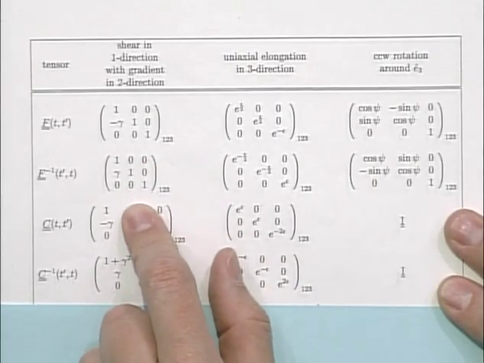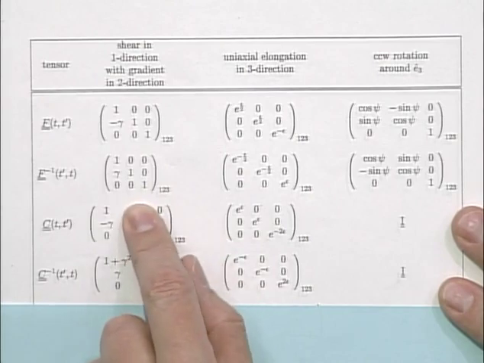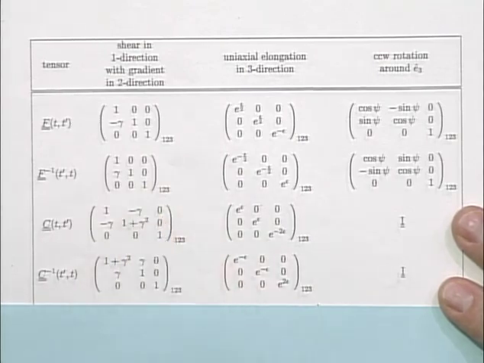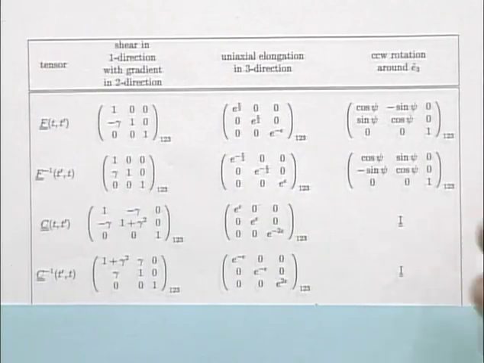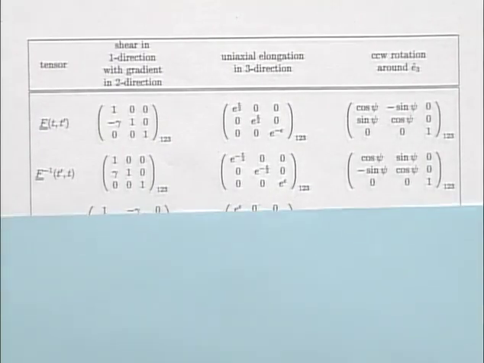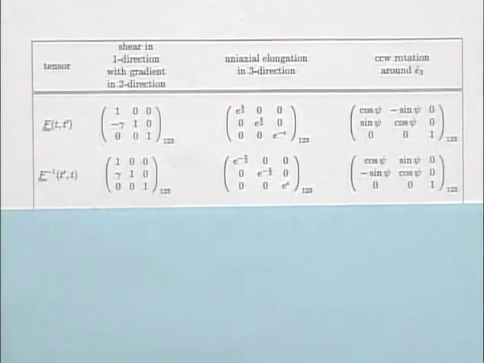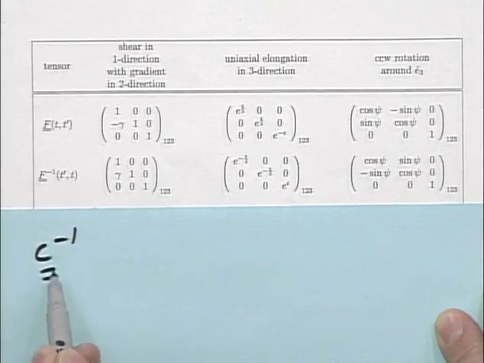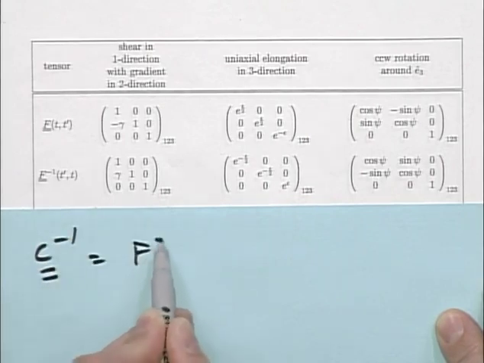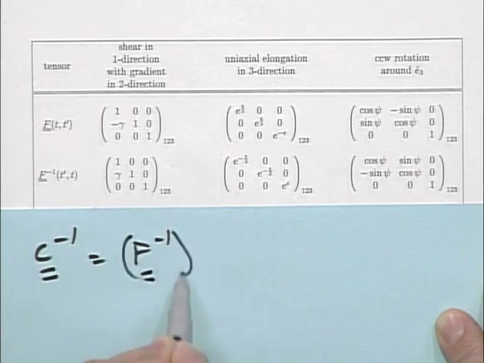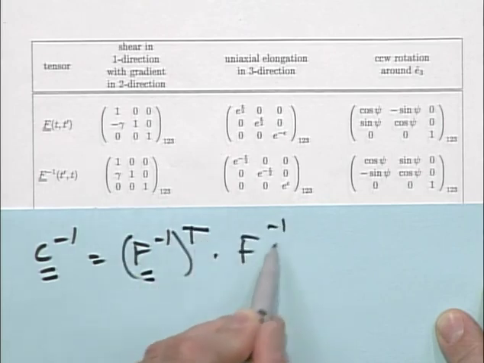We can do the same for shear. Going back to this table, we calculated F inverse for shear. We can multiply this tensor by its inverse transpose. It's not at all complicated at this point: take the F inverse, transpose it, and multiply it by itself.